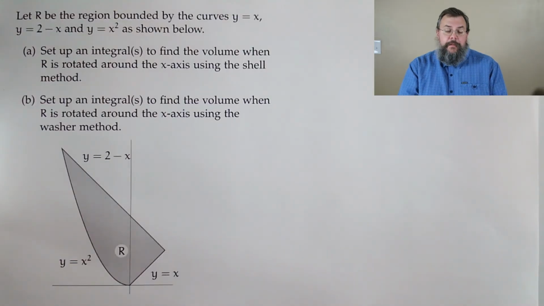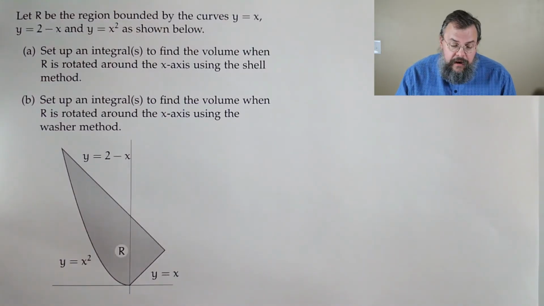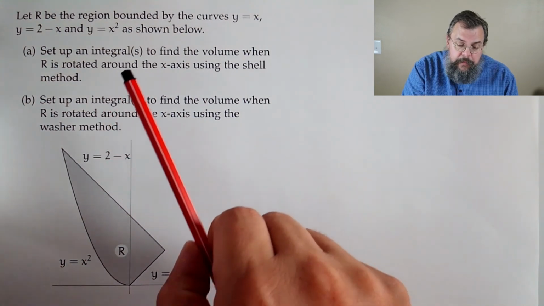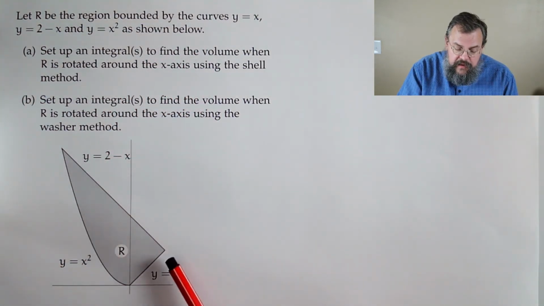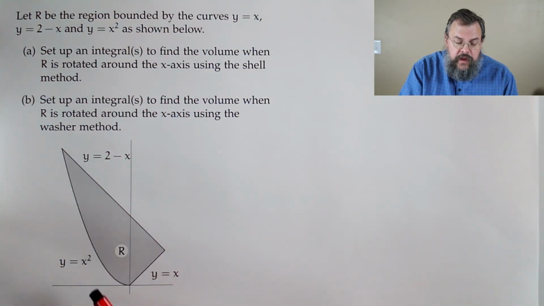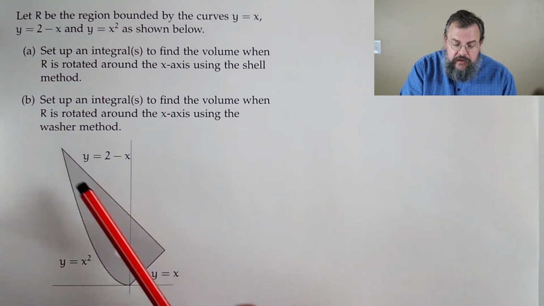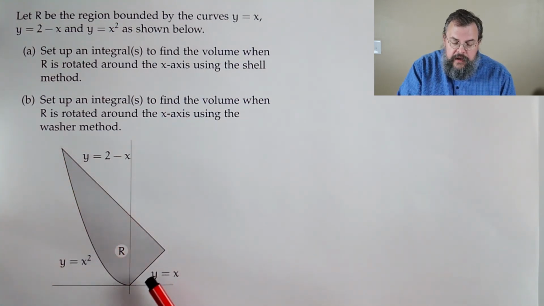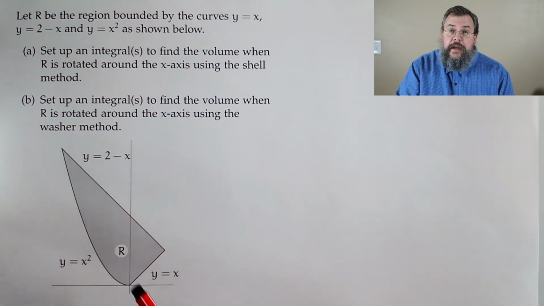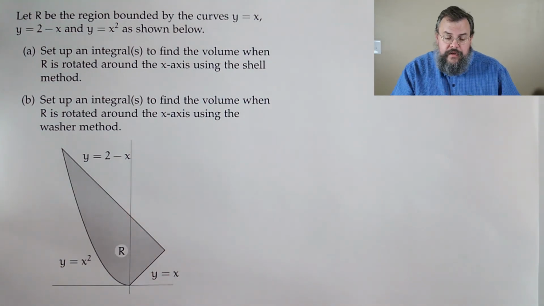So in our first problem, let R be the region bounded by the curves y equals x, that curve right there, y equals 2 minus x, that curve, and y equals x squared. So it's this shape, very conveniently given to us at the beginning. Now, there's two parts.